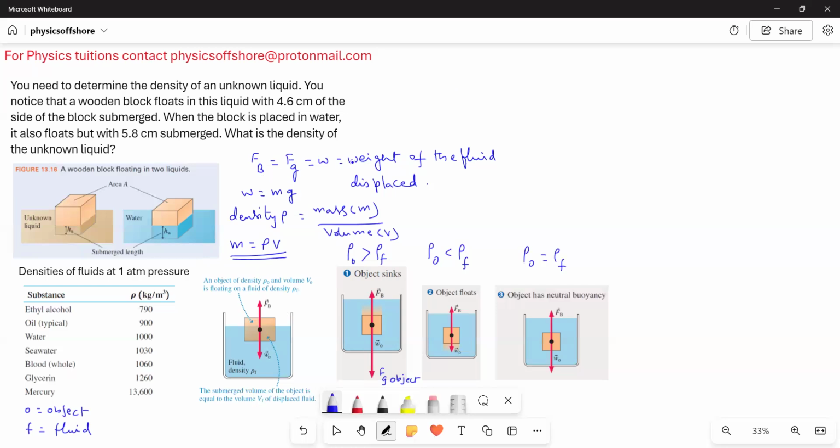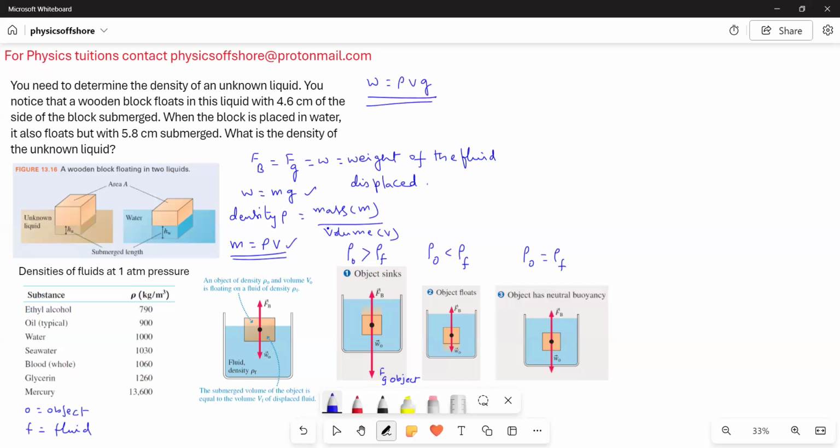Fb is equal to W, no? So let us write the equation for the unknown liquid and also for the water. Combining these, we can write W is equal to rho V g. This is the general equation.